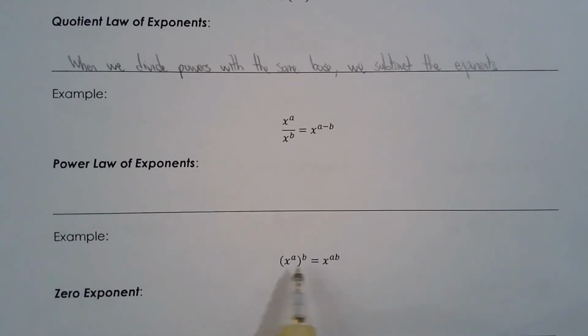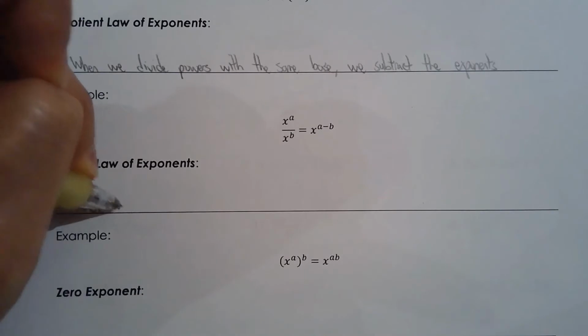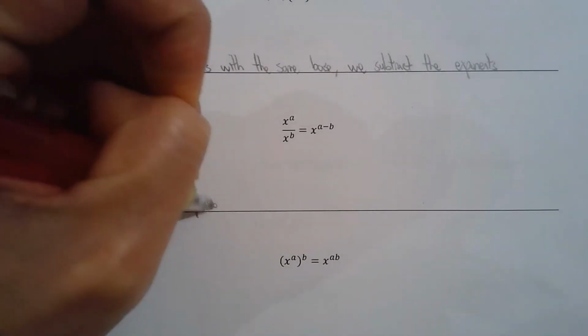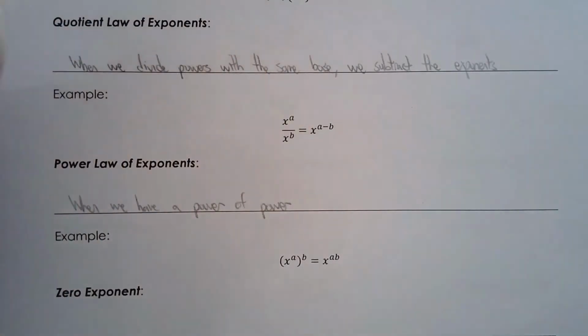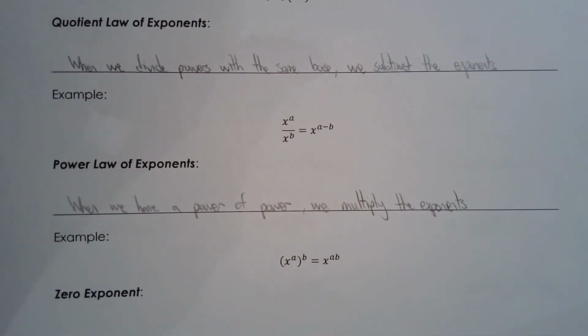This is the general form here. When we have a power of a power, we multiply the exponents. So you really have three options here. You either add the exponents, subtract the exponents, or multiply the exponents.